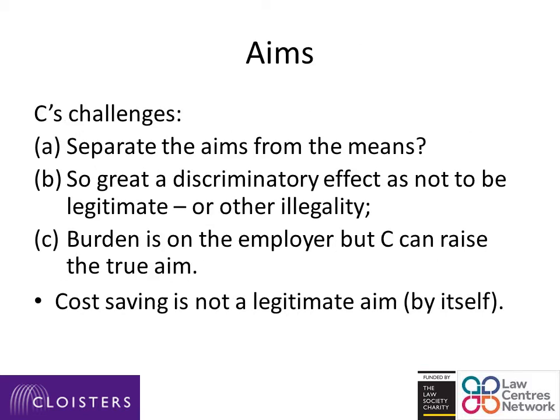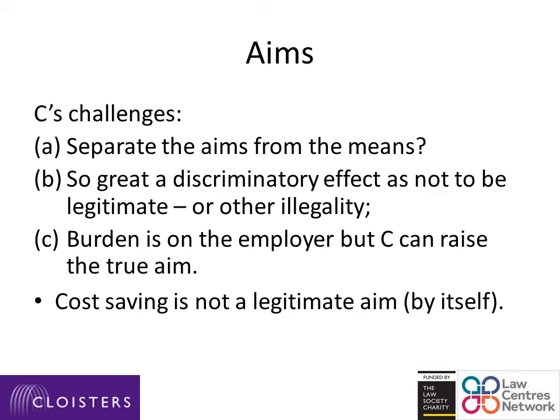From the claimant's point of view, it's important to see whether or not you can separate the aims from the means. So having an aim of having 24/7 production mixes up the aim of being more profitable or more efficient with the means, having 24/7 shifts.